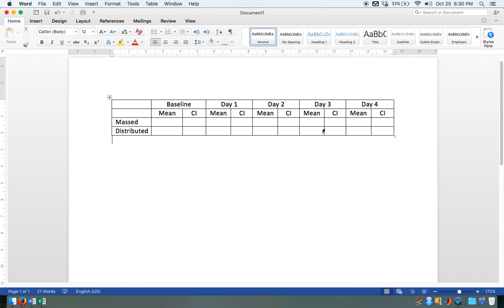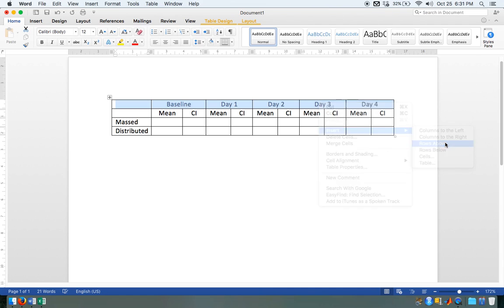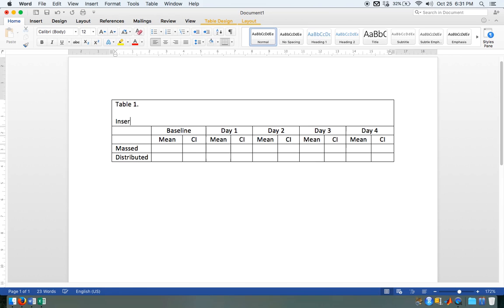Okay. The next thing I'm going to do is, so earlier I said that figures have captions below it. Tables have captions above it. So I'm actually going to insert a row above, and I'm going to just merge the whole thing. I'm going to say table 1, and then insert caption here.